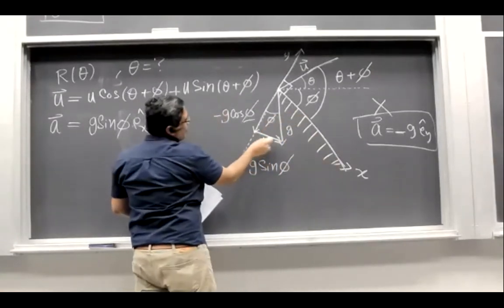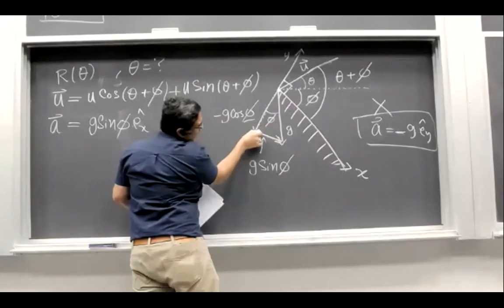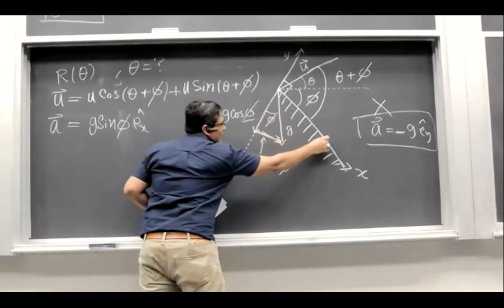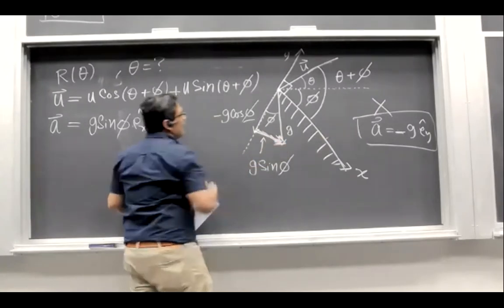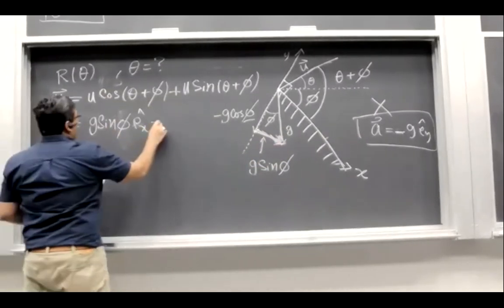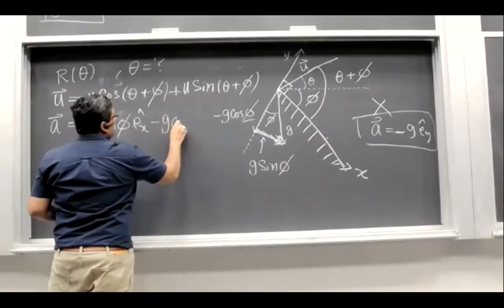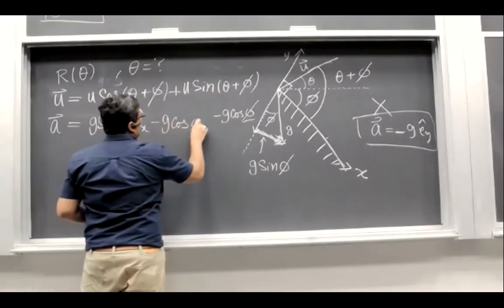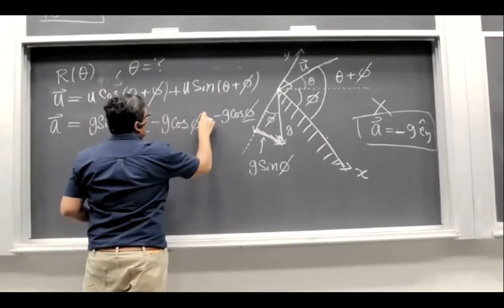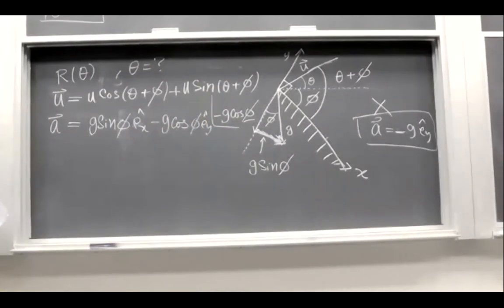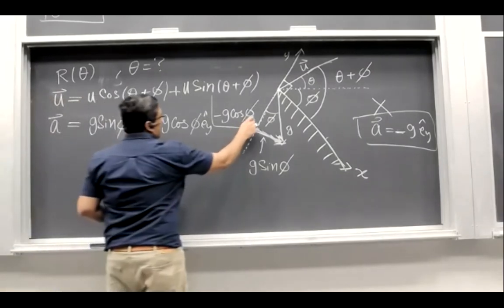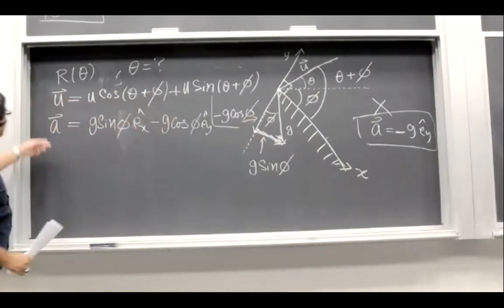The drawing does not show it, but the acceleration should be parallel to this line. It's a bad drawing, I'm sorry for that. And minus g cosine phi EY. So this is the acceleration.